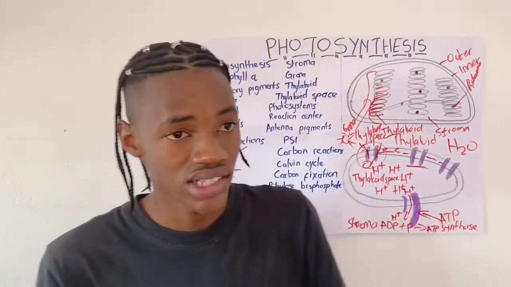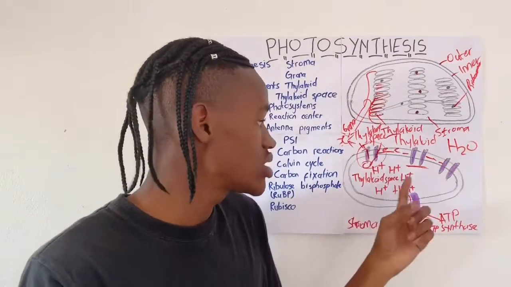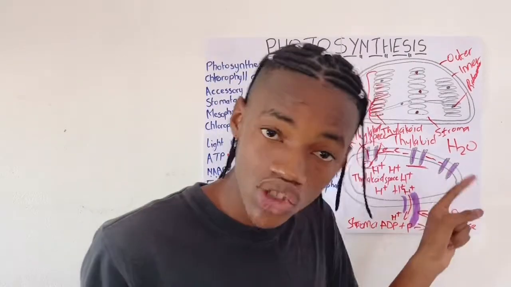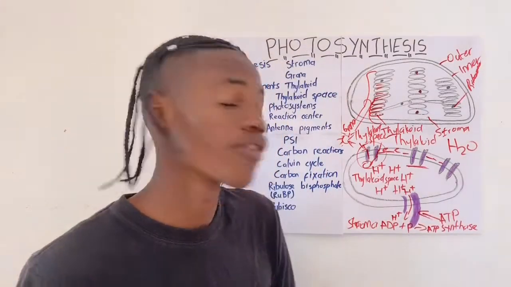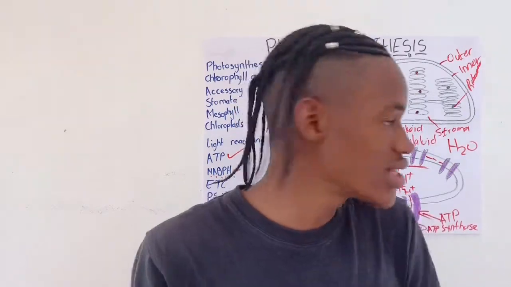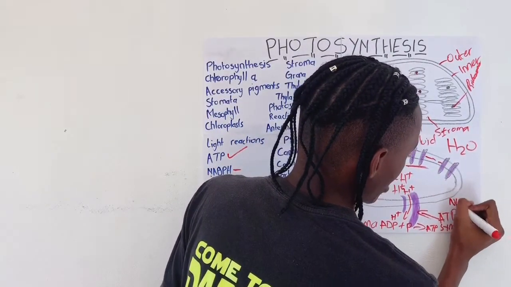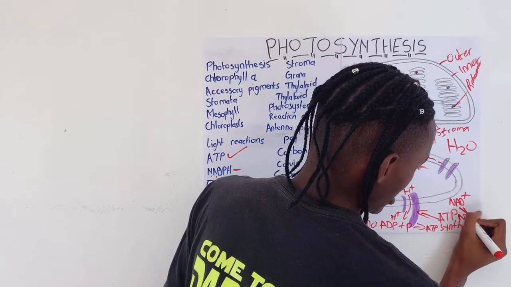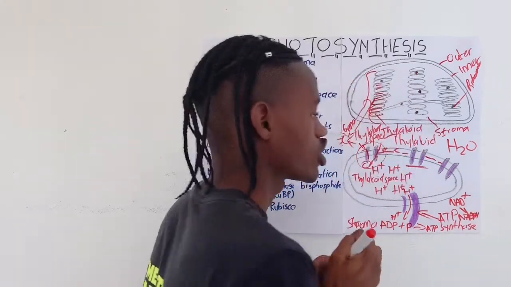Then within the reaction center, the photosystem 1 molecules work together and use the electrons that are already coming from the other proteins within the protein chain to reduce NADP+ into NADPH.